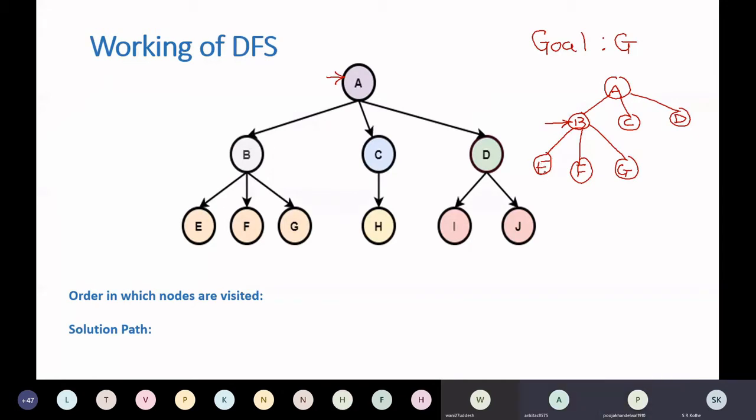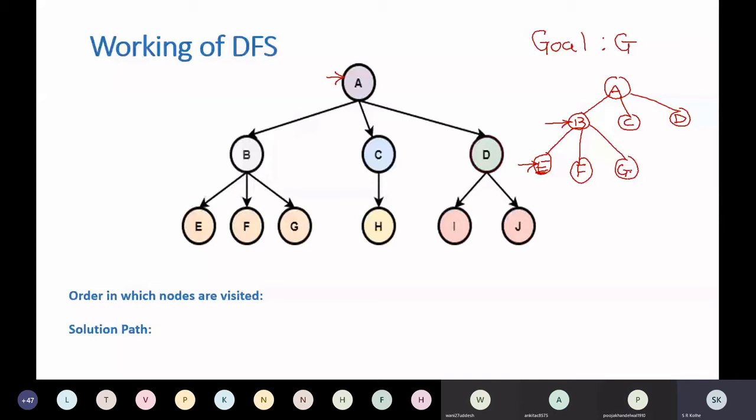E, leftmost, correct. The leftmost node is E. So the algorithm will check E. Is it a goal? No. So what will the algorithm do? It will backtrack to B, correct, and then move to F. Is F the goal? No. So again it will backtrack and move to the node G.